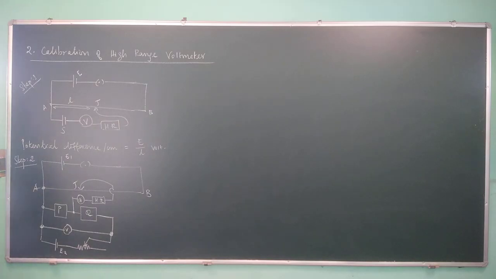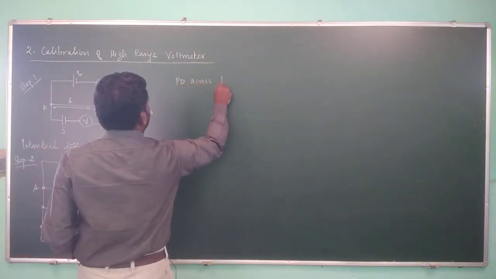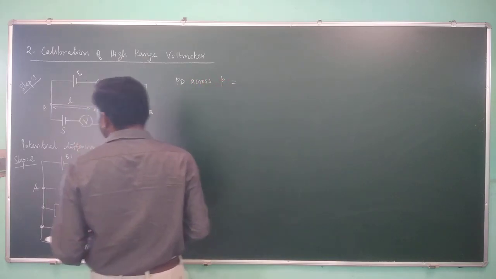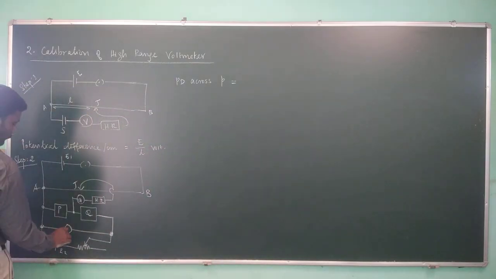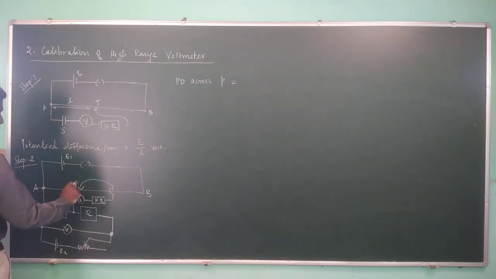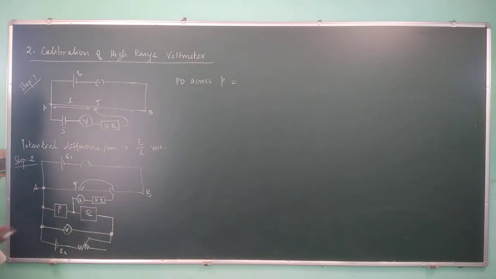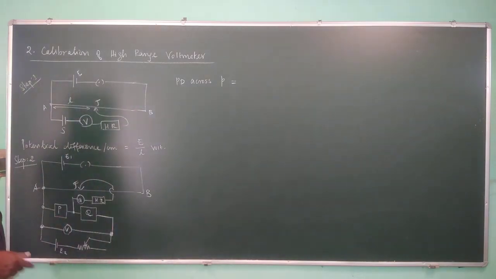In that way we have to define the values of P and Q. Now we can write the equation for the potential difference across P. You set a particular value and you set V using a constant value. Now you move the slider over the potentiometer from A to B, and then you find the balancing length for a particular given P, provided that the potential difference does not exceed the potential difference between A and B.